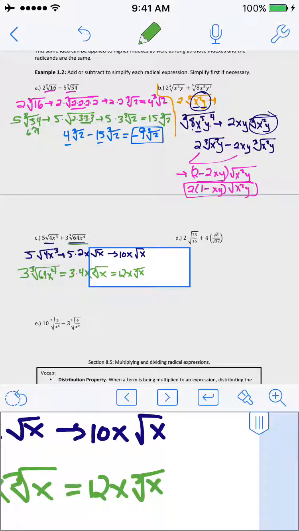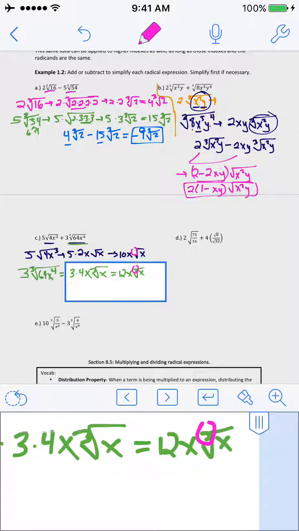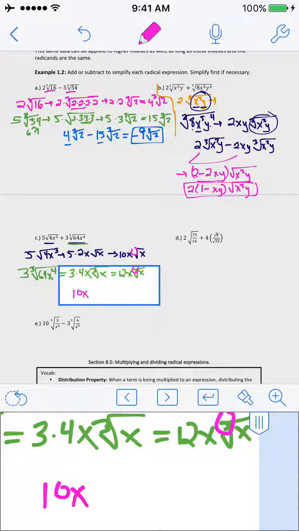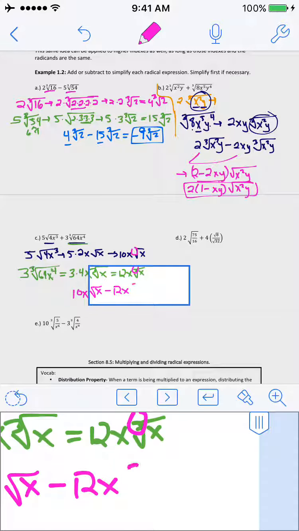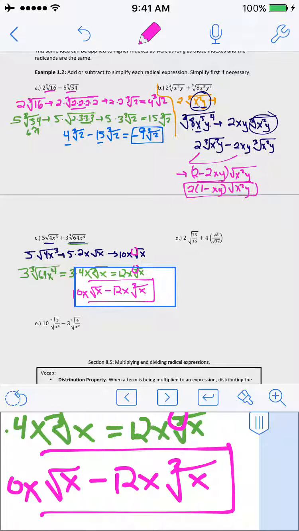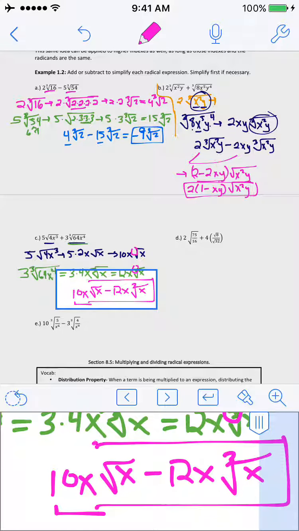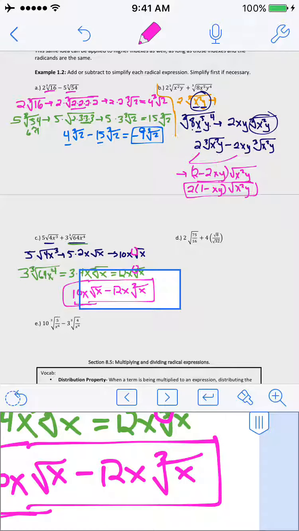Which is great, except for the fact that that's as far as I can go. Why is that as far as I can go? Their indices do not match. They are not the same. So the simplest form of this would be 10x square root of x minus 12x cubed root of x. Since those are not the same, that would be my simplified form. Okay. And again, that's okay.